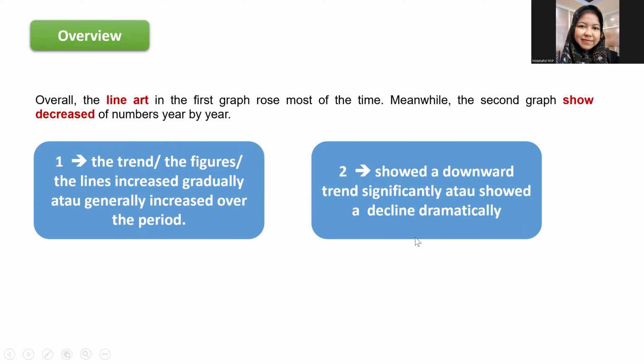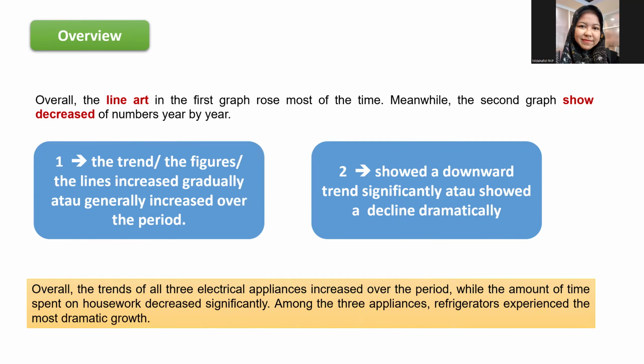Okay. Or you can write the overall just like this. Overall, the trends of all three electrical appliances increased over the period, while the amount of time spent on housework decreased significantly.